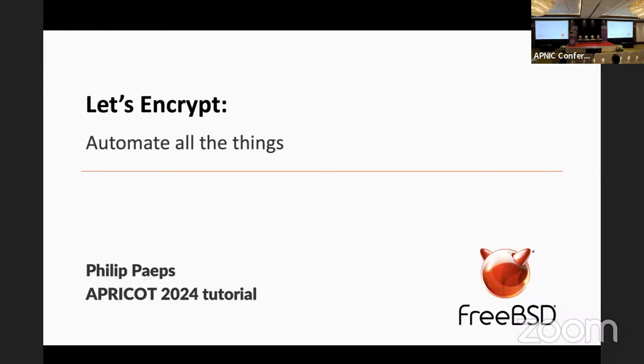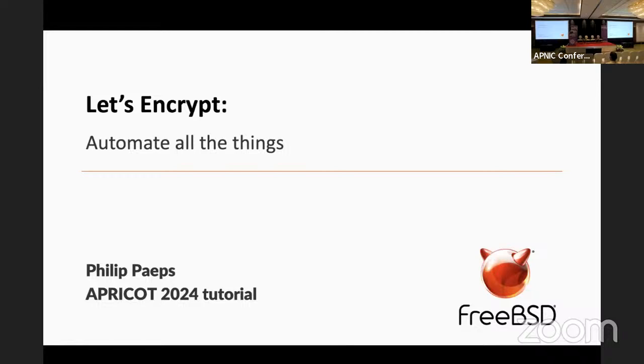This is not so much a tutorial about Let's Encrypt as a tutorial about automation. Despite having taught this same presentation for several years now, I still encounter invalid certificates or expired certificates with distressing regularity.